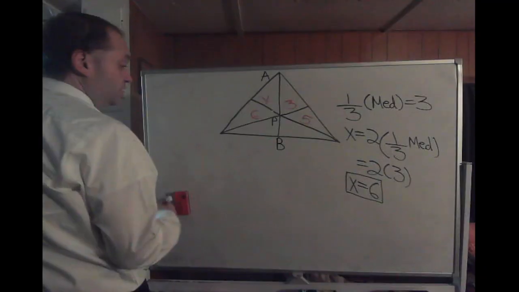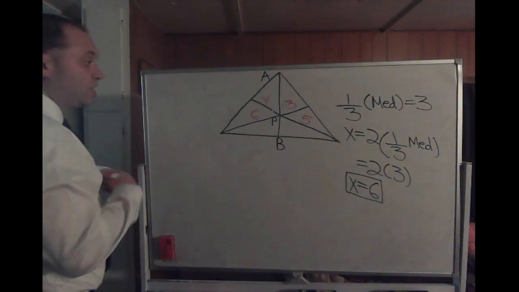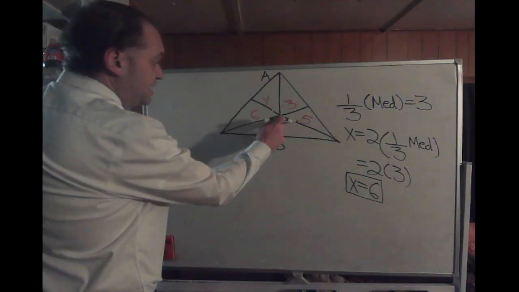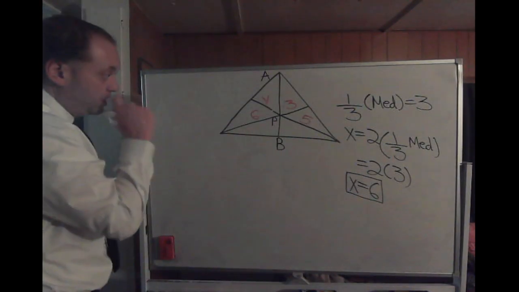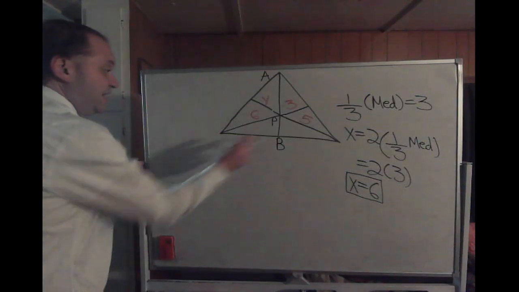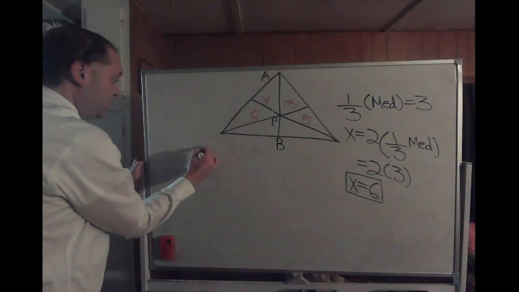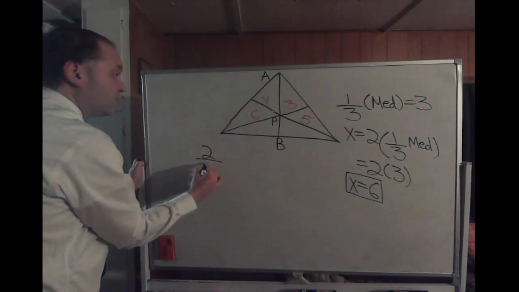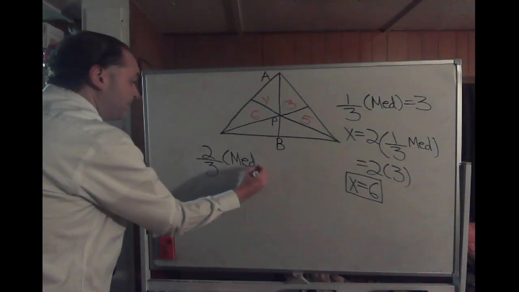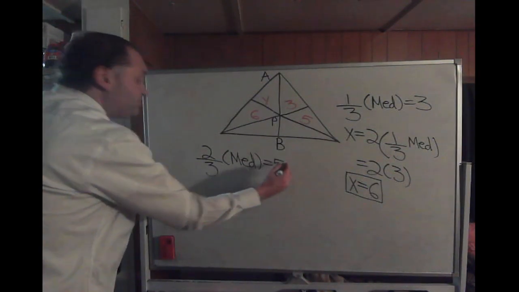Alright, so let's solve for y. Well, we know the distance from P to this vertex is 5, right? Which means that's 2/3 of the distance of the line. So 2/3 of the median is equal to 5, right?